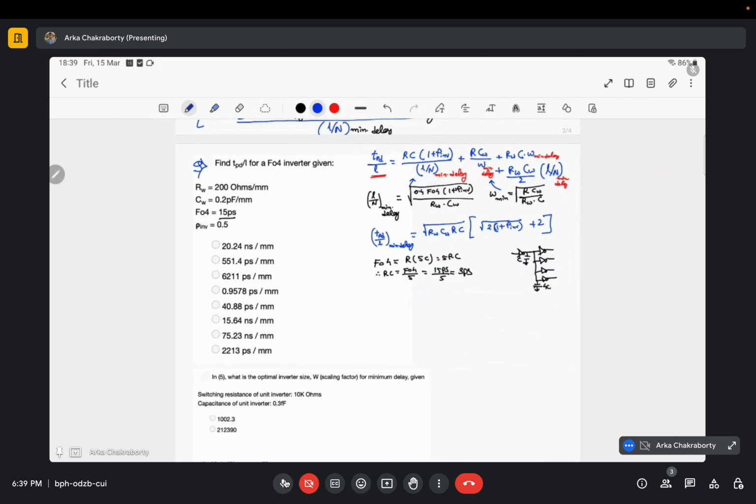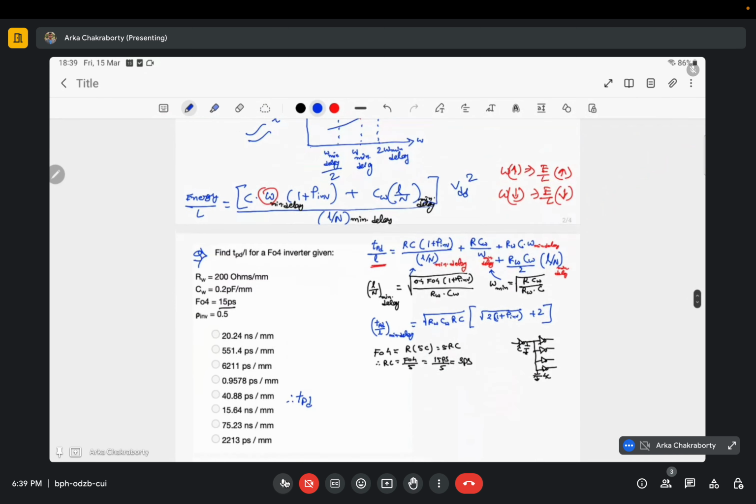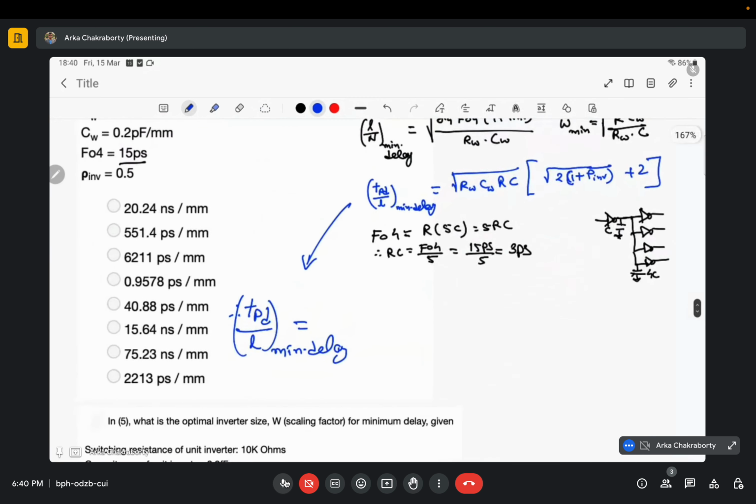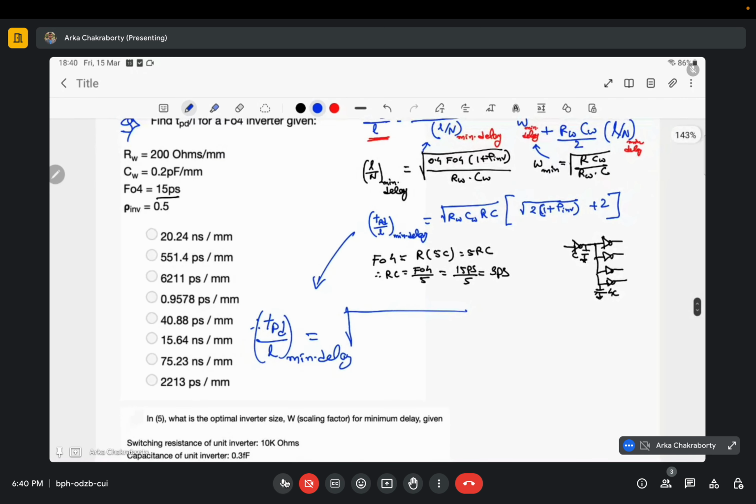Okay, now let us do the final calculation. Therefore T propagation delay by L for minimum delay condition, I will be substituting all the values that are given. RW is given as 200 ohms per millimeter.